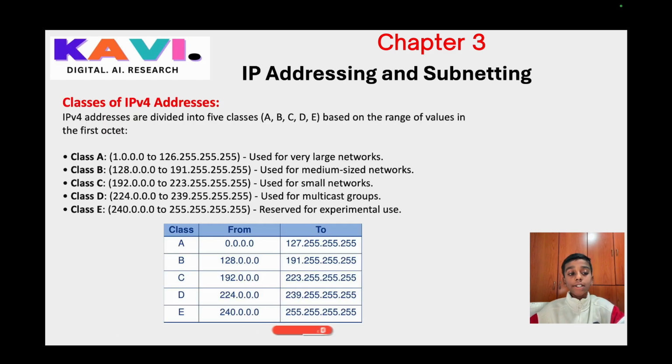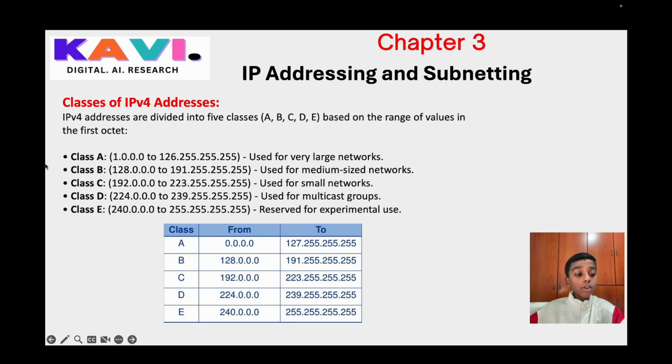So what are the classes of IP version 4 addresses? IP version 4 addresses are divided into 5 classes: A, B, C, D and E, based on the range of values in the first octet. Class A ranges from 1 to 126, and is used for very large networks. Class B is 128 to 191, which is used for medium-sized networks.